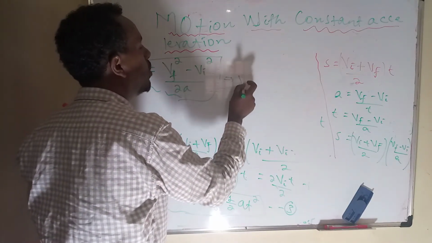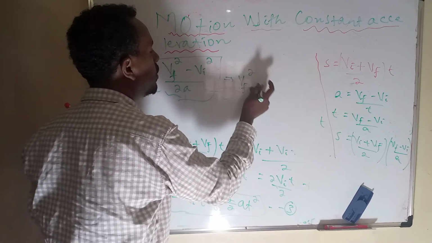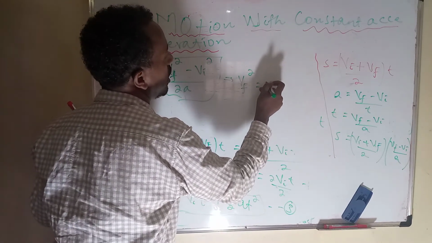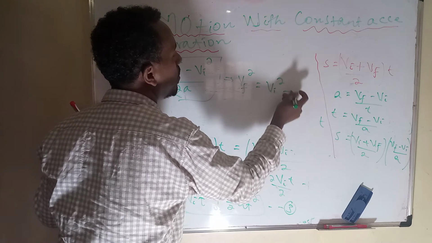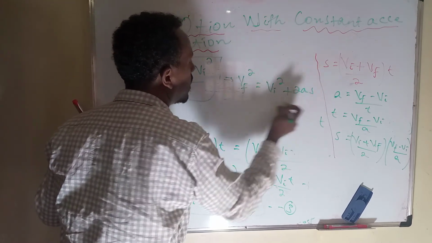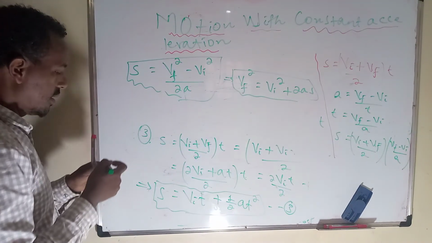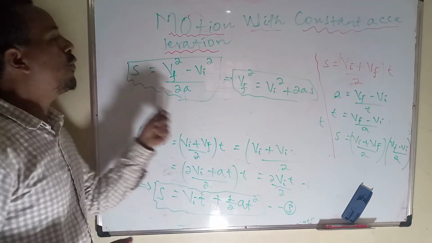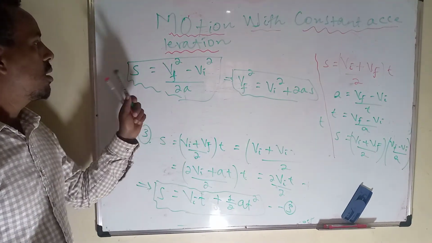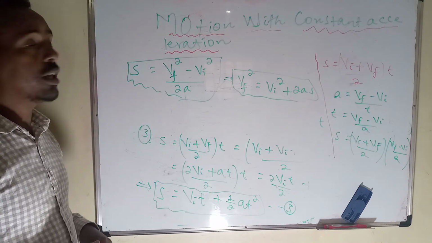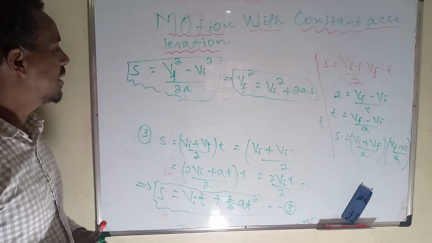From this expression we have final velocity square is equal to initial velocity square plus twice acceleration times distance. This is the fourth kinematics equation at constant acceleration.